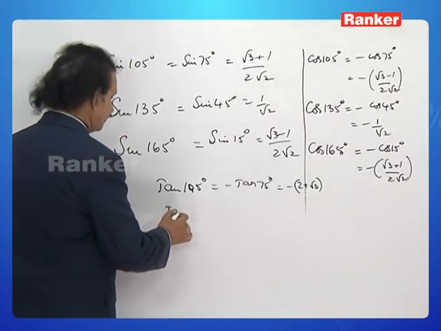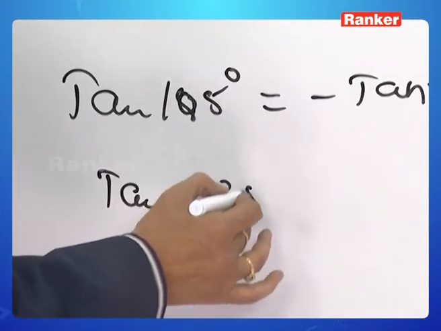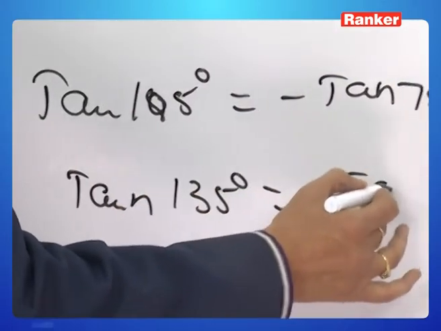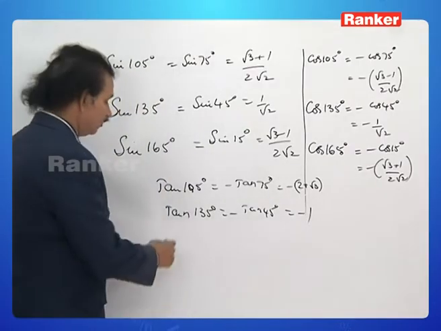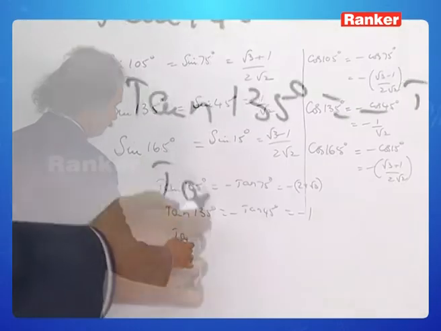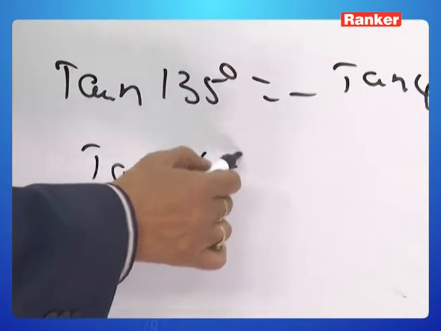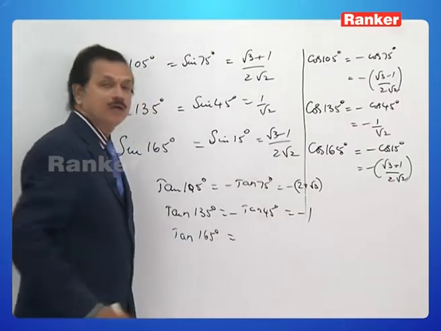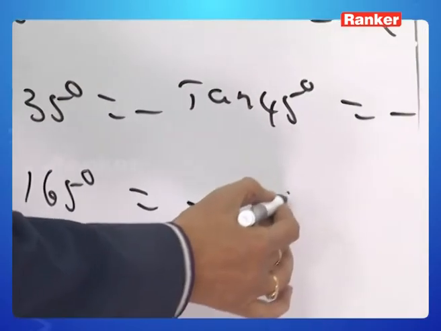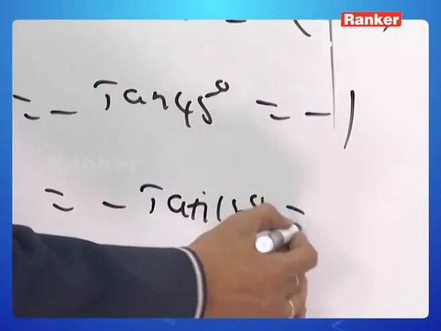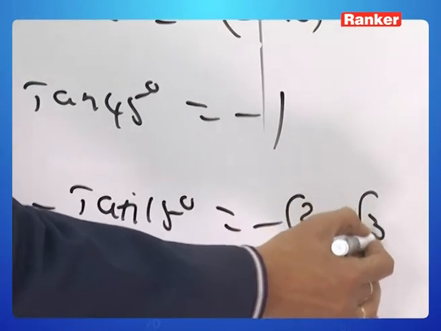And tan 135. What is tan 135? Minus tan 45. What is minus tan 45? Minus 1. What is tan 165? Minus tan 15. Minus of 2 minus root 3.